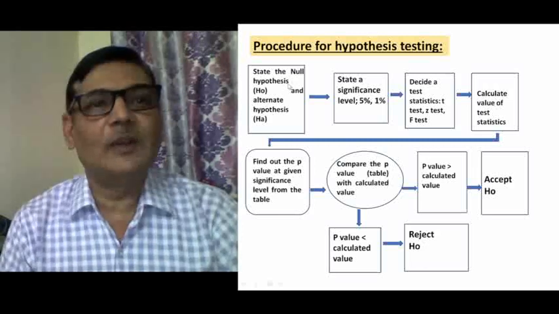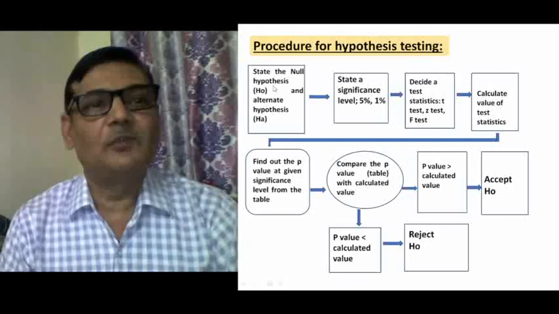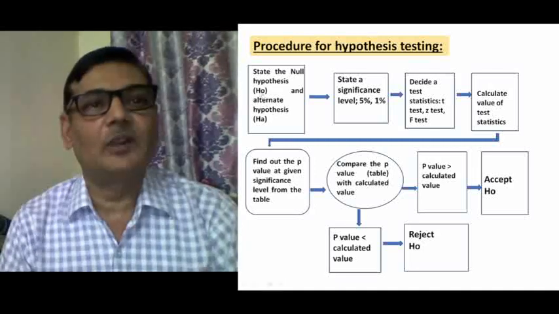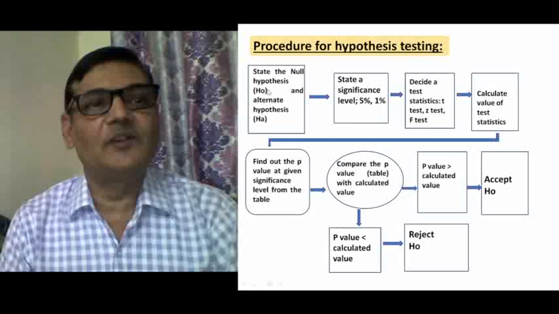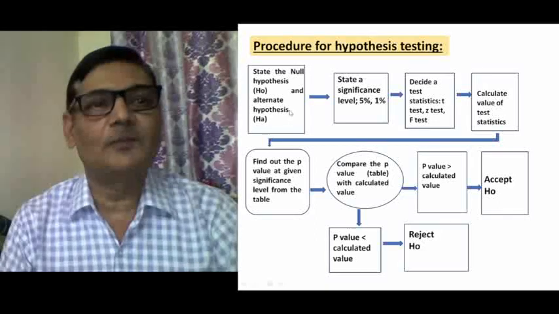That is, if two samples are there, or if two variables are there, then you will be considering that these two samples have come from the same population, or that a significant difference does not exist between the mean values of the two samples. So first you have to decide the null hypothesis, and then, in contrast to that, there will be another hypothesis called the alternate hypothesis.